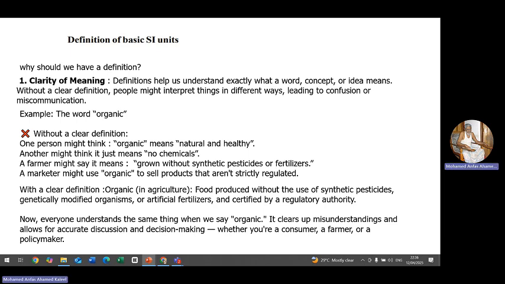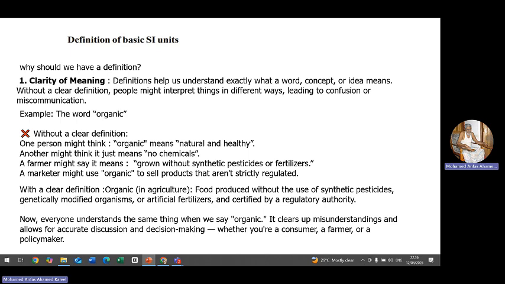So without a definition, there is confusion for a word. If you take organic, there are many interpretations and opinions among different people.